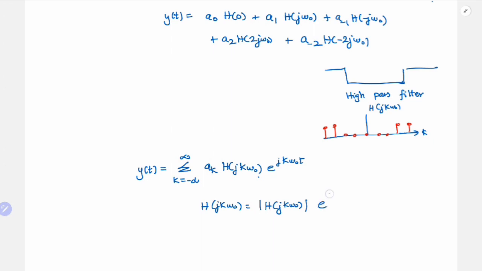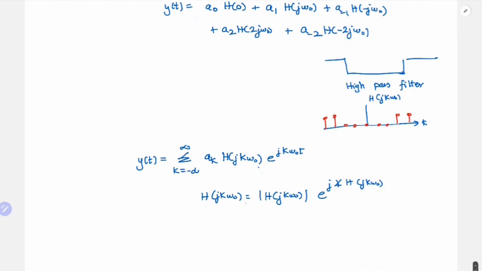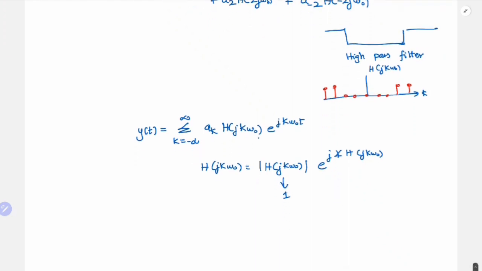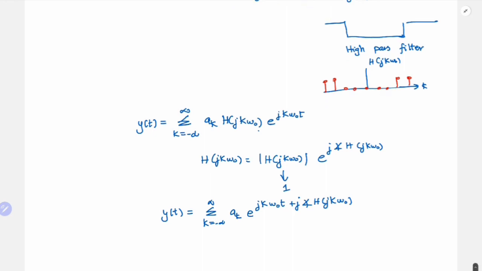So the phase term will be e power j phase of h of jk omega naught, right? So if I want to modify only the phase, then I can set the magnitude to 1, in which case y of t will be summation k equal to minus infinity to infinity ak e power jk omega naught t plus j into this phase term.